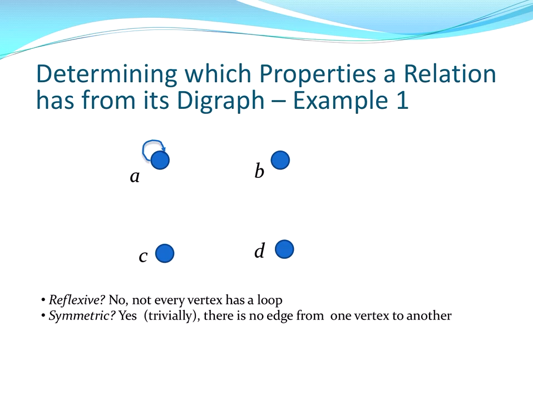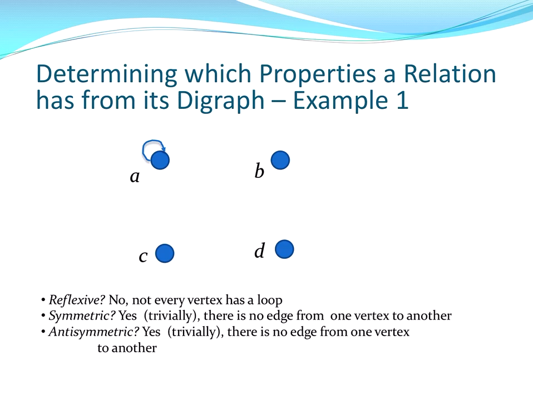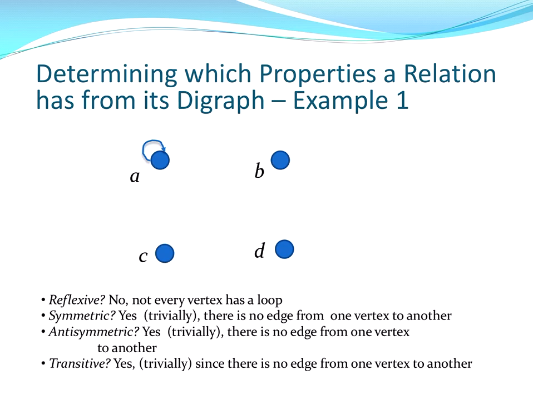Similarly, it is also antisymmetric, since there is no edge going between any two non-equal vertices, so we satisfy the hypothesis in the definition of antisymmetric. And then finally, the same will be true for transitivity. The hypothesis is always false, so it is trivially transitive.